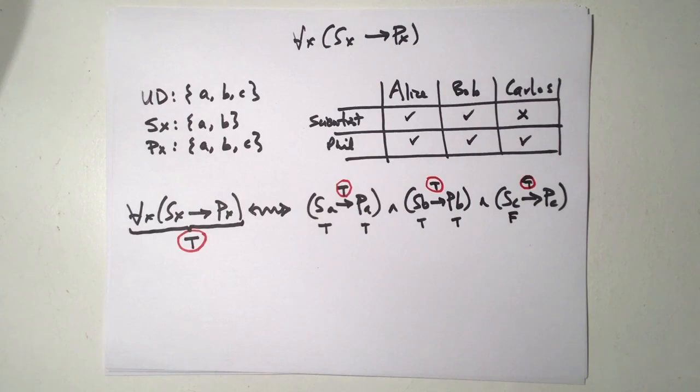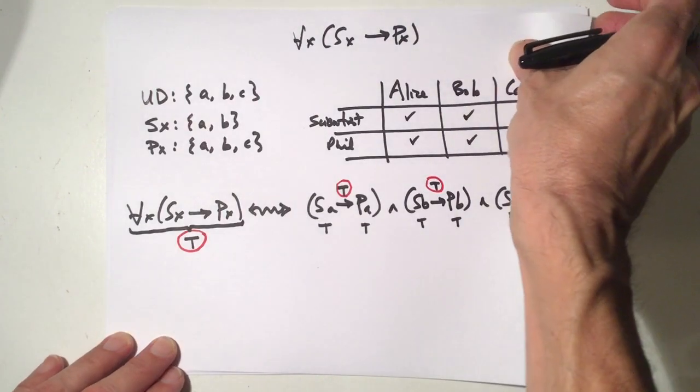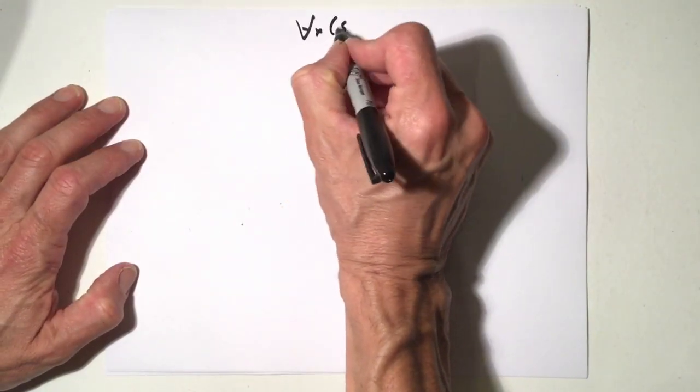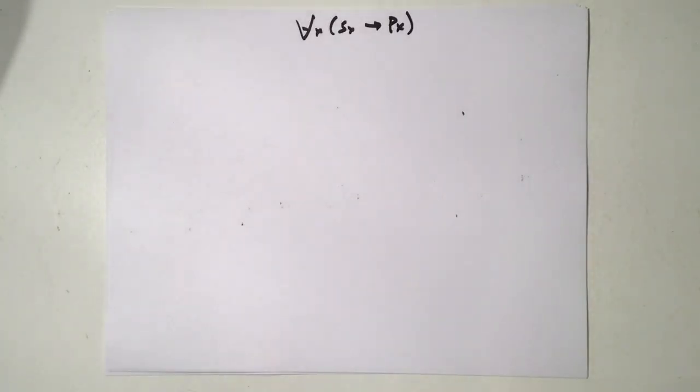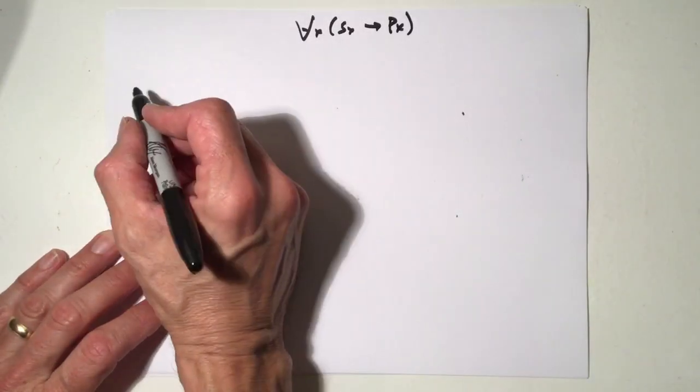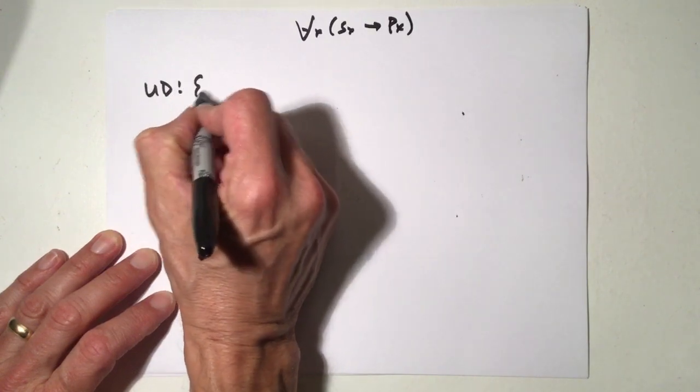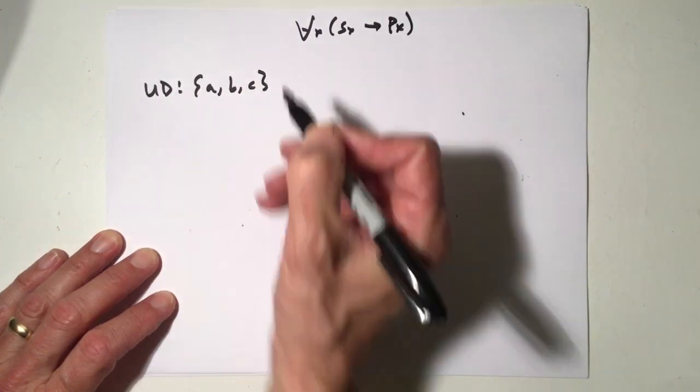Let's now do exactly the same thing, but show an interpretation in which this sentence is false. So we're going to start with exactly the same sentence. And now I want to use a different interpretation. My universe of discourse is going to be, again, just three individuals.